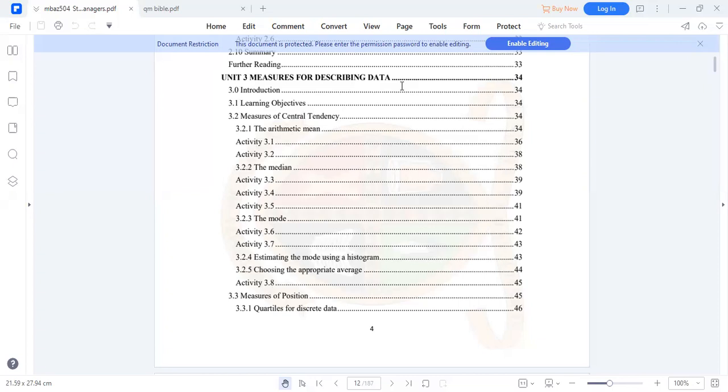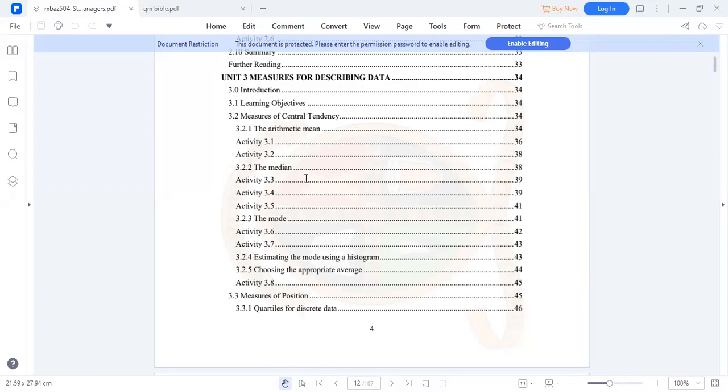Measures for describing data. The previous class looked at ungrouped data and how to come up with the measures of central tendency, like the arithmetic mean, the mode, the median, and also measures of position for discrete data that is countable.